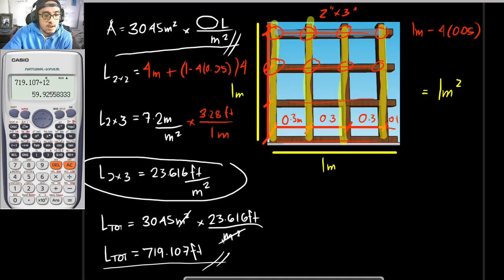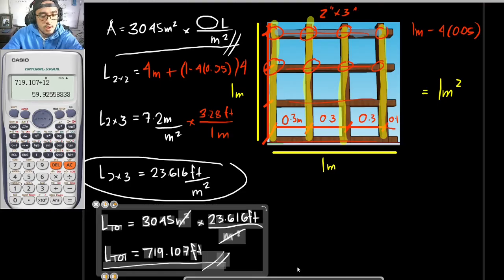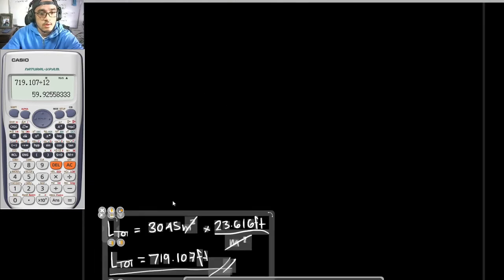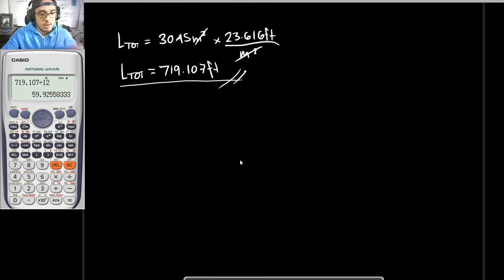Okay, so the question is, are we done? So basically not yet. And since we don't have any space anymore, I would be copying this to the next slide. Ayan, para lang makita natin. What we would be doing next is computing the total number of board foot that we would be needing. Since we need a total of 719.107 feet of 2x3 lumber, we would be solving for the total board foot.